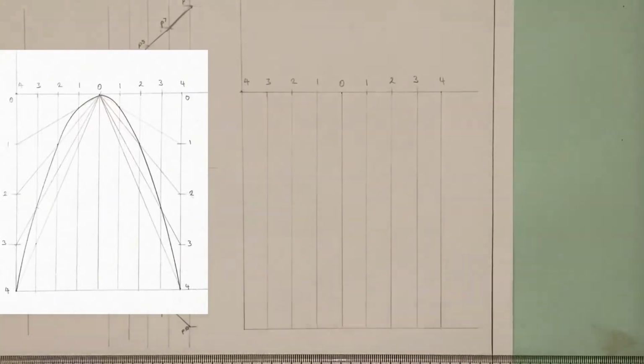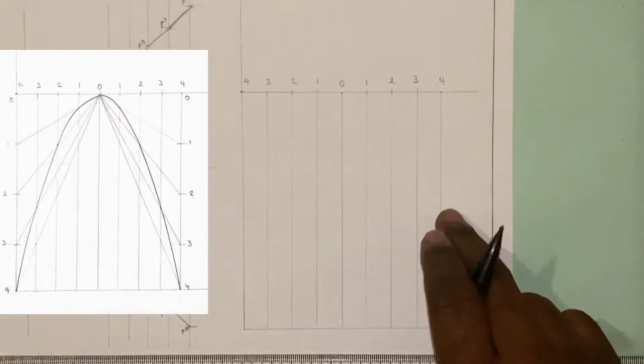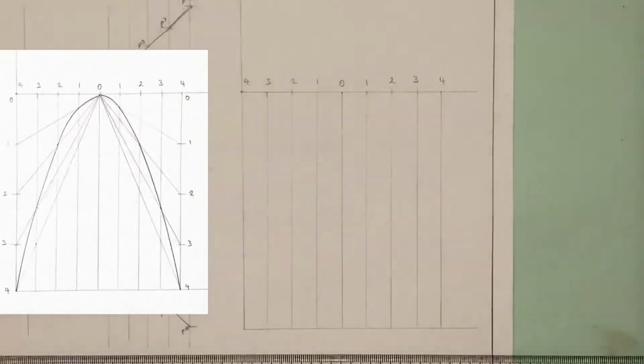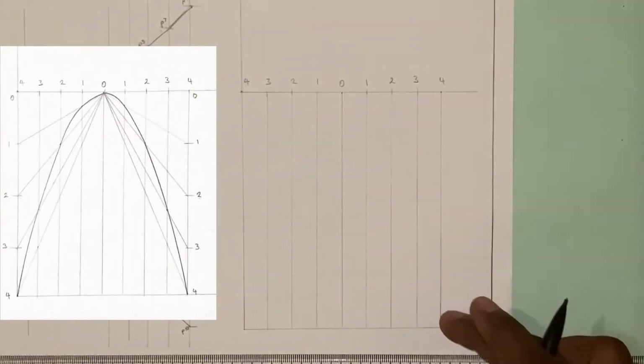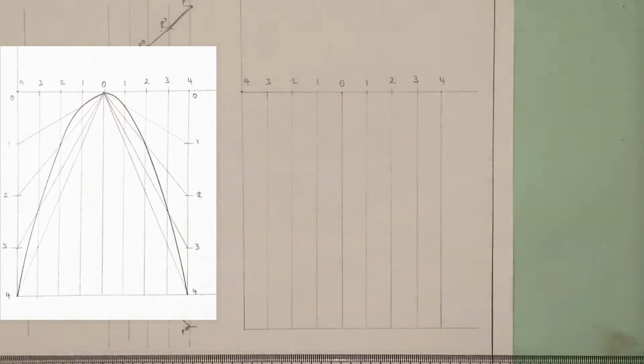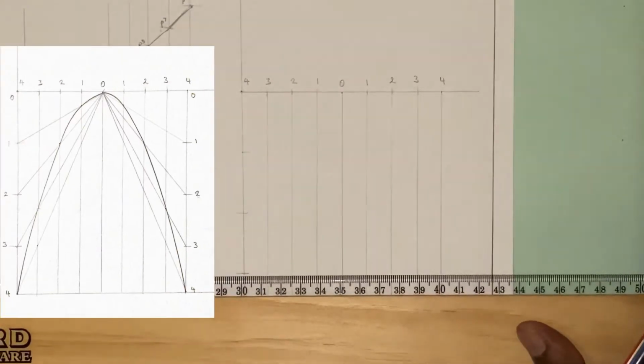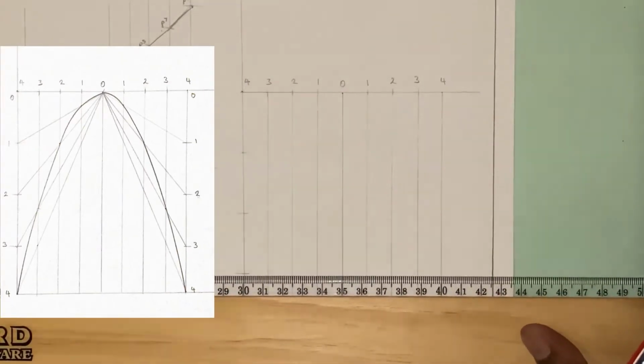So now I want to divide my axial length into 4 equal parts. Now the length of my axial is 120 millimeters. Now that I have my divisions, I'm going to go ahead and transfer these points over to the other side.